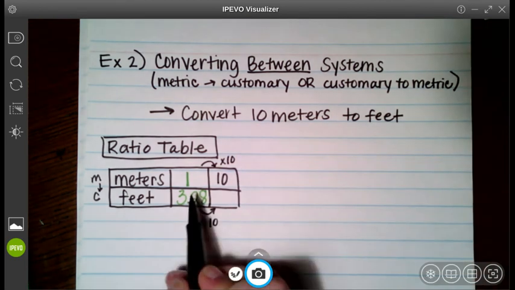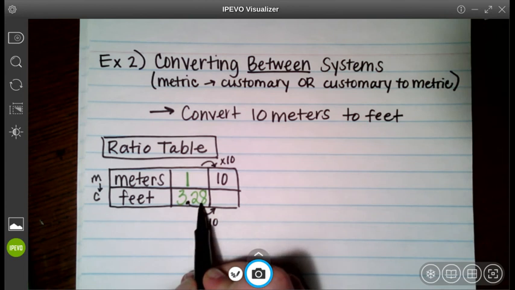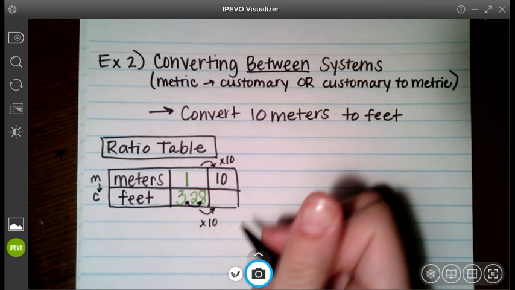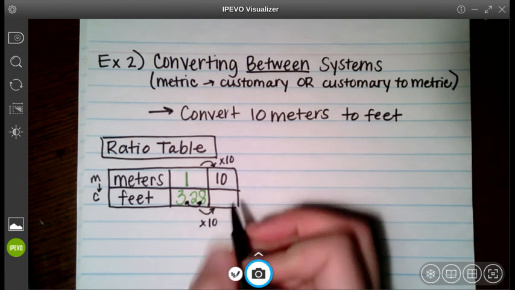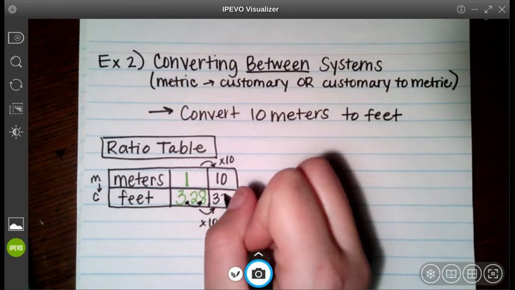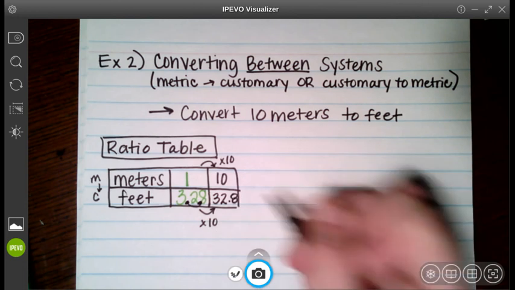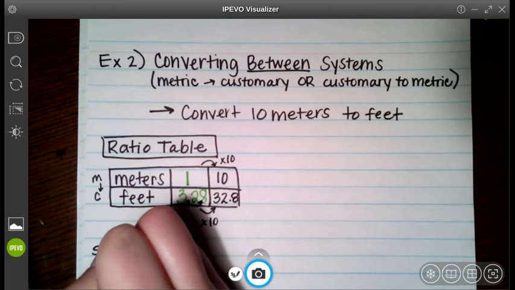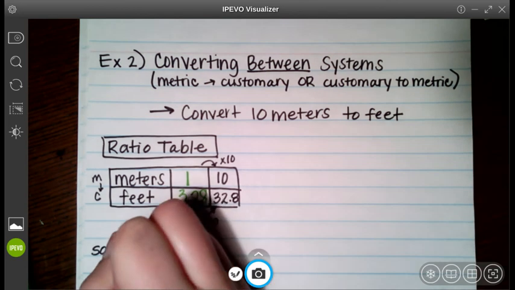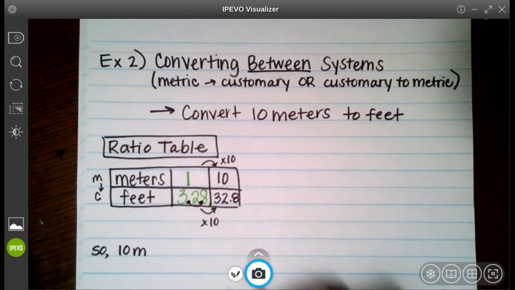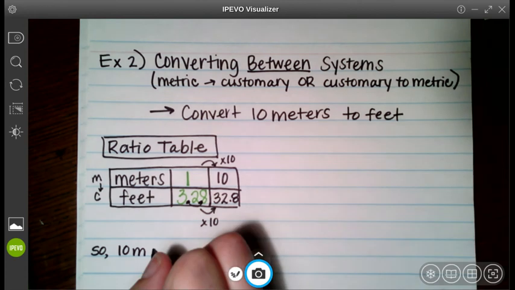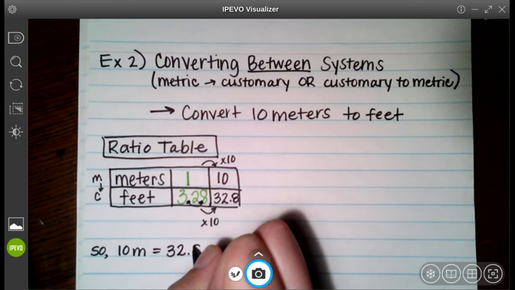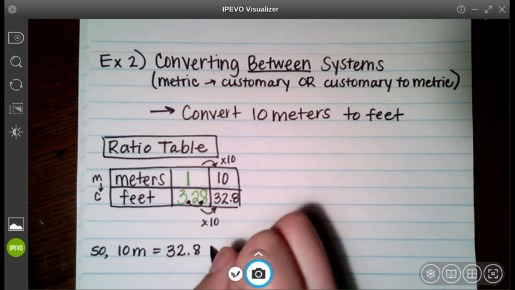I know when I multiply by a power of 10, my decimal moves, so it gets greater by a power of 10. So instead of 3 and 28 hundredths, I have 32 and 8 tenths. So 10 m, that's the abbreviation for meters, equals 32 and 8/10 feet.